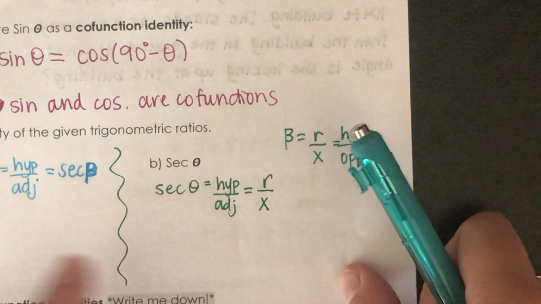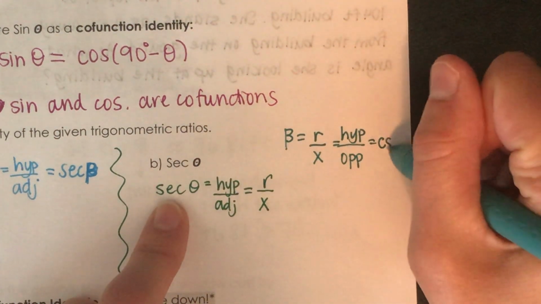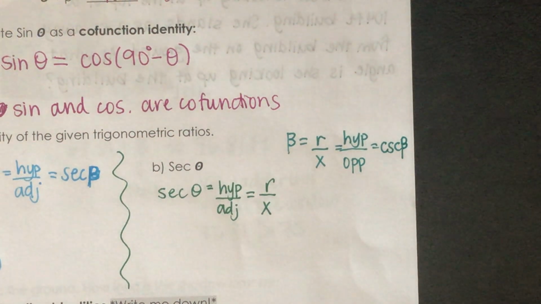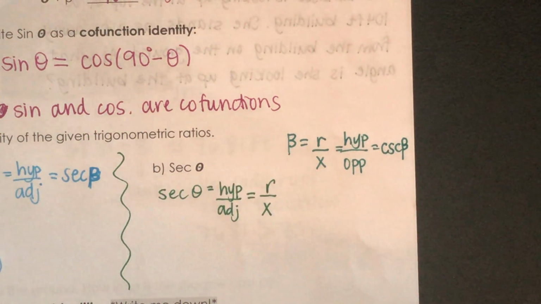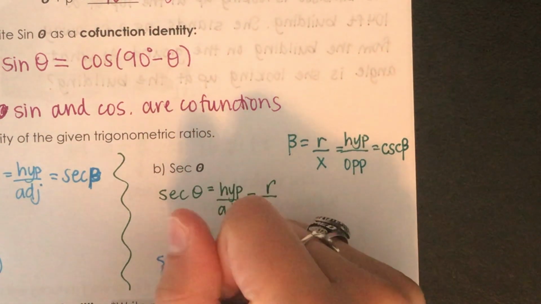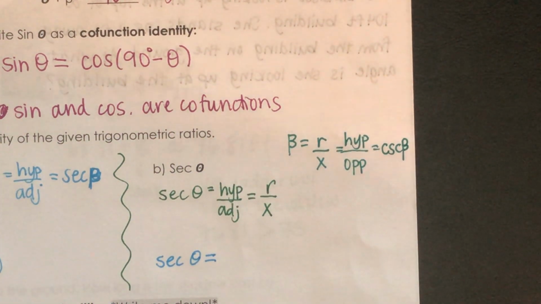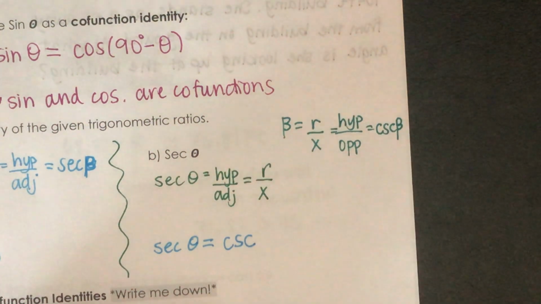So, hence I've got secant and cosecant, right? Again, you can hear those cofunctions in the name itself. So I can rewrite this as the secant of theta is equal to, its cofunction is cosecant.